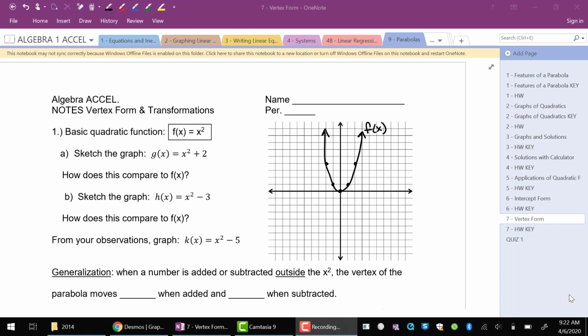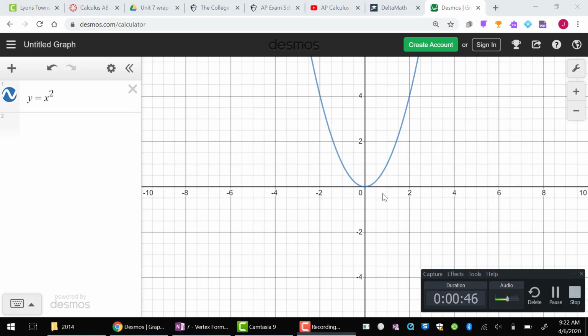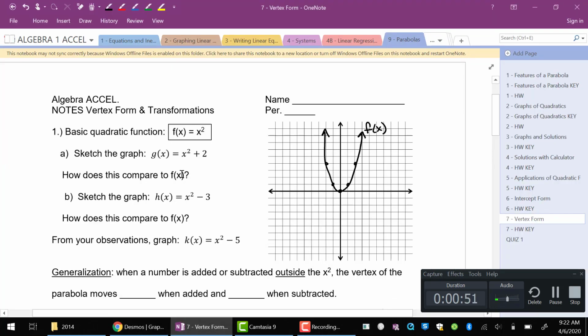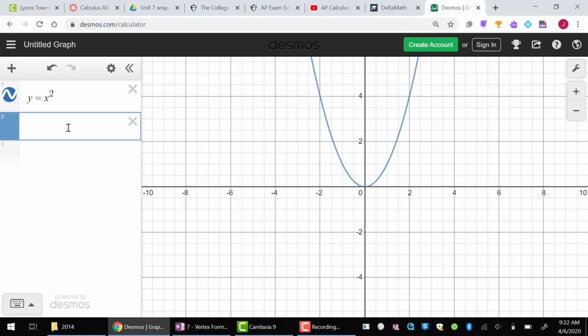So to start off, we have just the general x squared function, and I'm going to go over to Desmos and show you a picture of y equals x squared. Now on our first question right here, we have sketch the graph of x squared plus 2. So for x squared plus 2, let's take a look and see what that does.